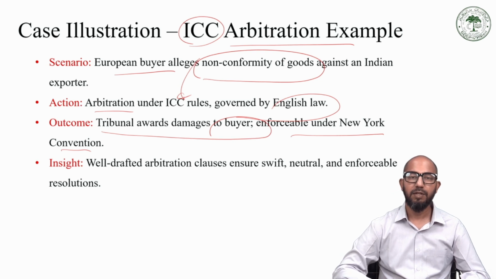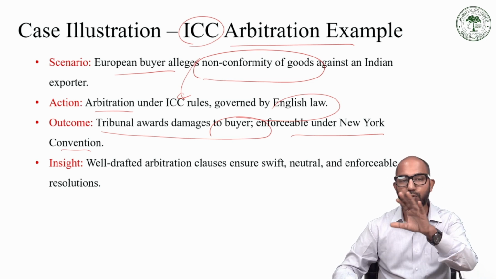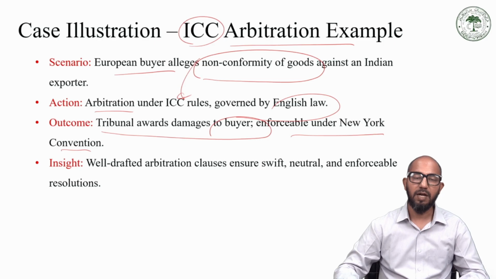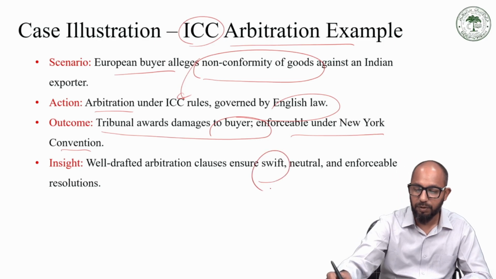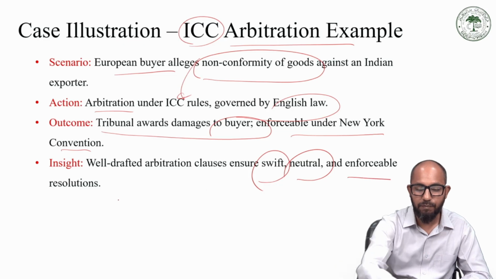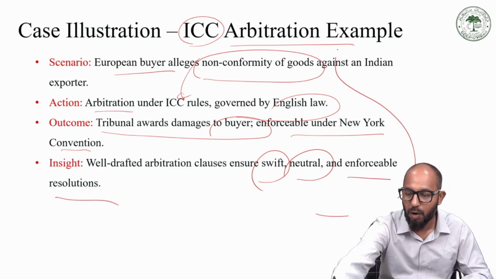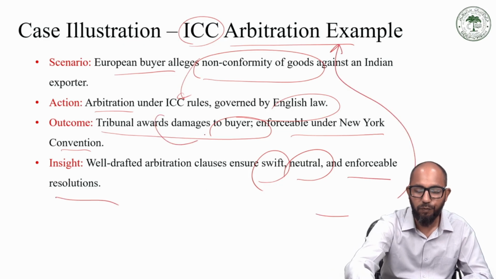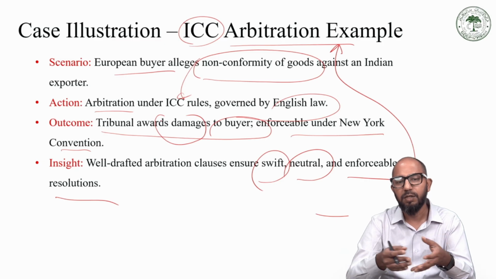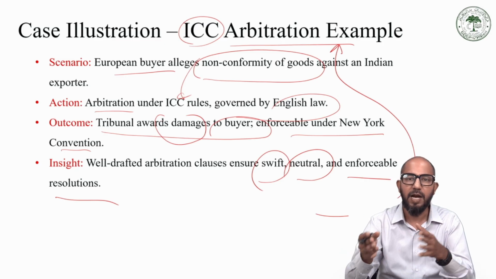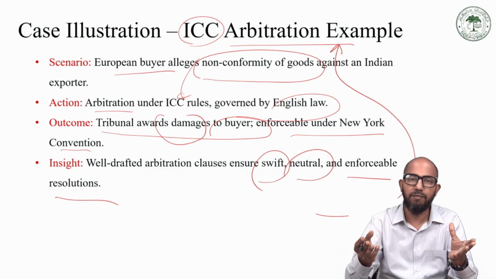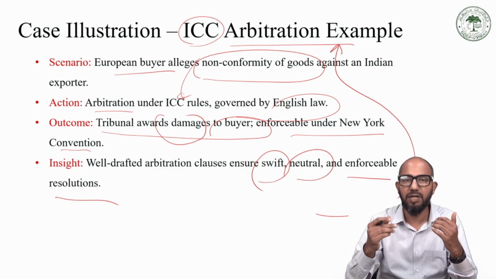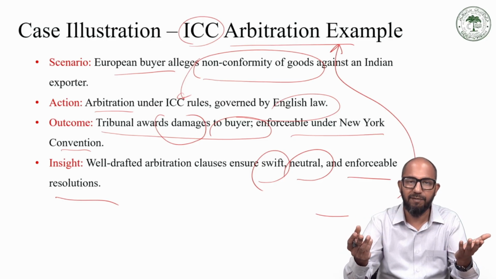And finally, the insight we get through this illustration is that well drafted arbitration clauses ensure swift, neutral, and enforceable resolution. So, whatever damages were due should be given to the buyer, and then this matter was resolved. Now, this resolution is beneficial for both the parties because they can continue trade between themselves.